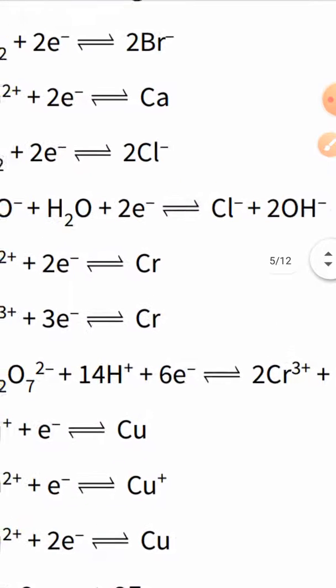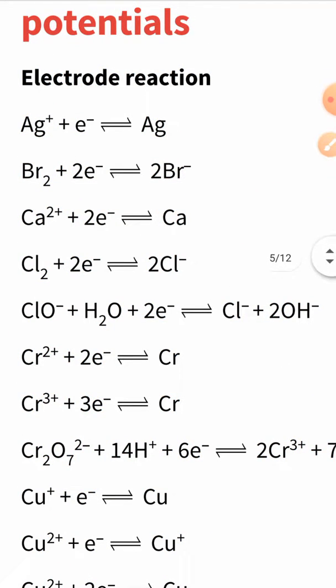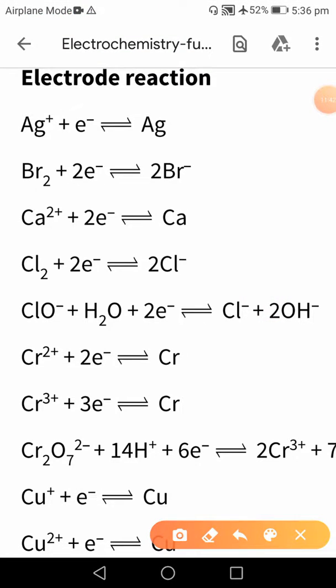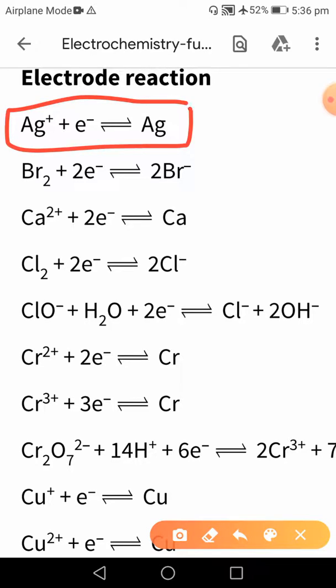We will produce some electrode half cells from here. So first look at this one. This equation contains a silver ion, electron and solid silver. So to make the silver half cell, we have to mix together all of these.